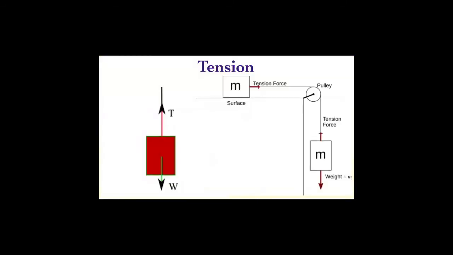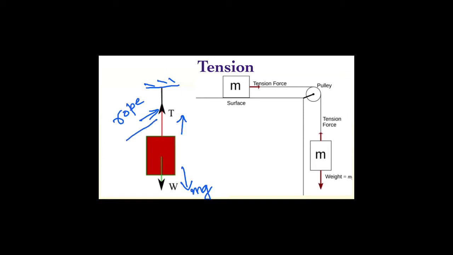Next is tension. Here one block has been suspended with the help of a string. Weight mg is acting downward, and a force is being exerted on the block vertically upward because of the rope.